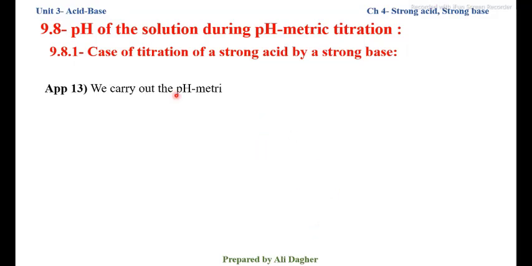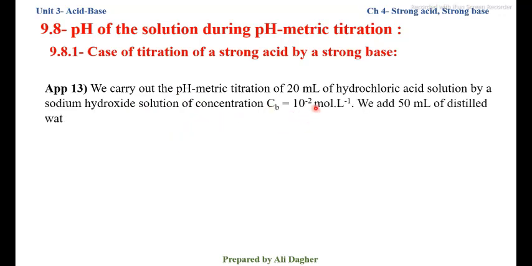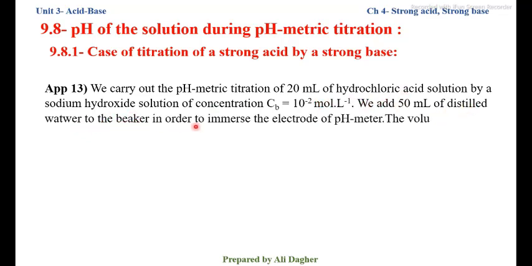Application 13. We carry out the pH metric titration of 20 ml of hydrochloric acid solution by sodium hydroxide solution of concentration Cb equal 10 negative 2 mole per liter. We add 50 ml of distilled water to the beaker in order to immerse the electrode of the pH meter. The volume of base added at equivalence is VBE equal 20 milliliter.